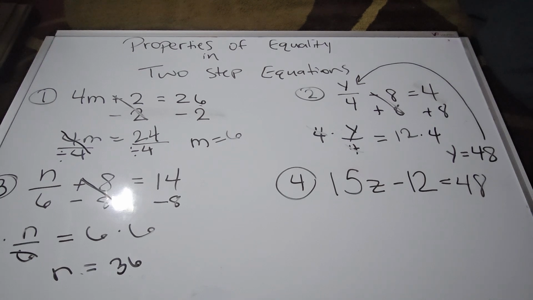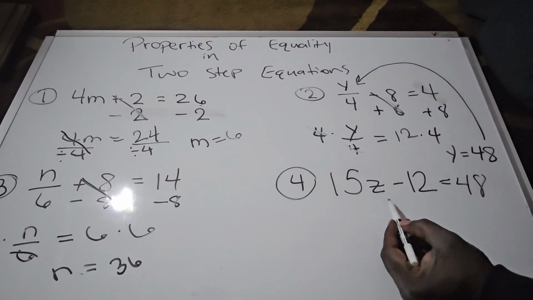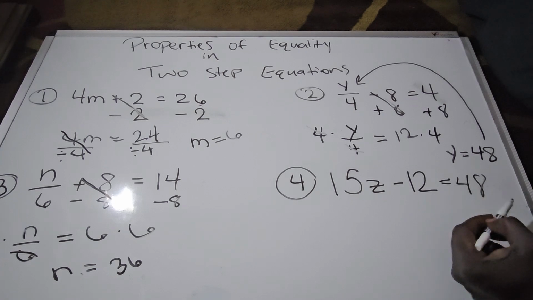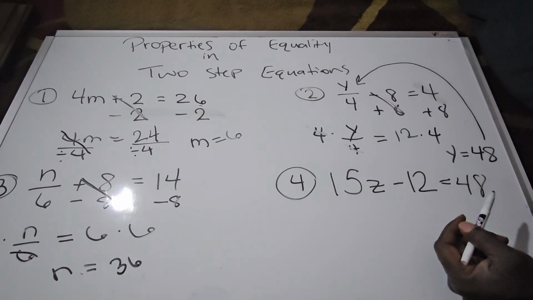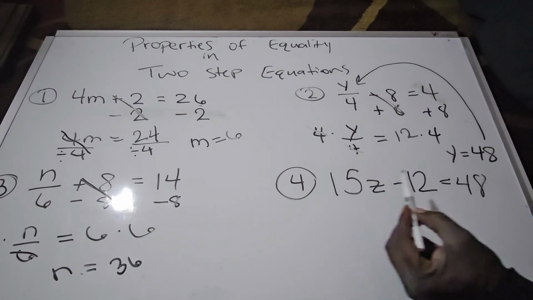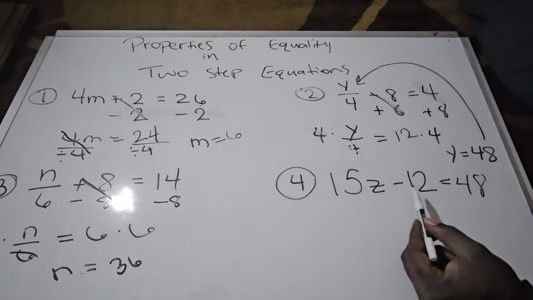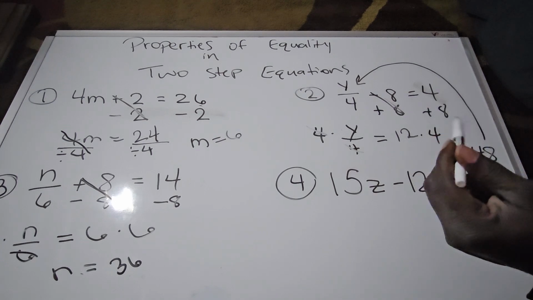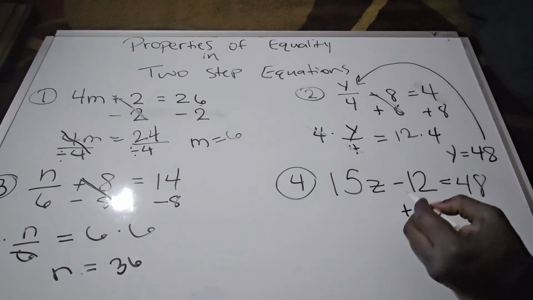Now, number 4, we have 15z minus 12 equals 48. So, to get 15z by itself in this equation, you have to add, because this is subtraction.